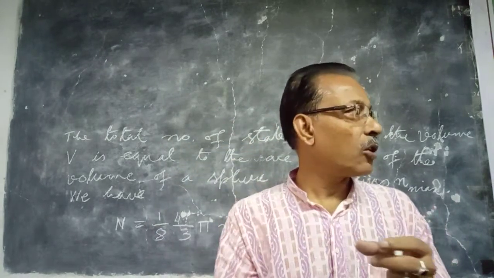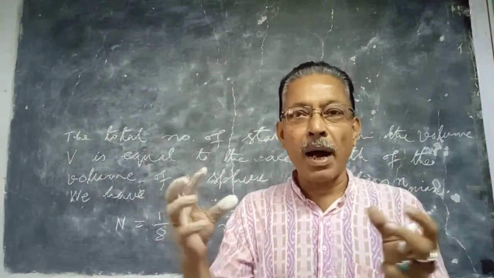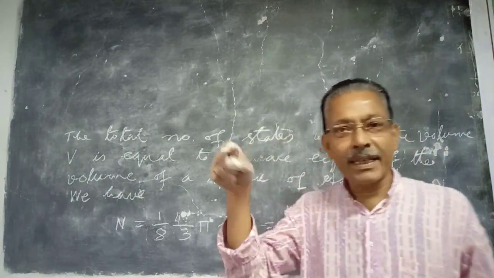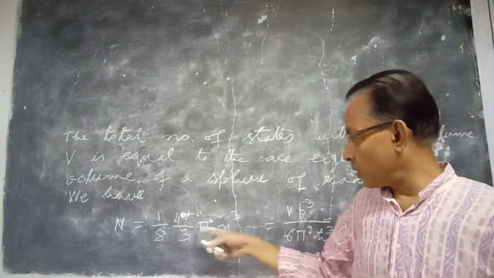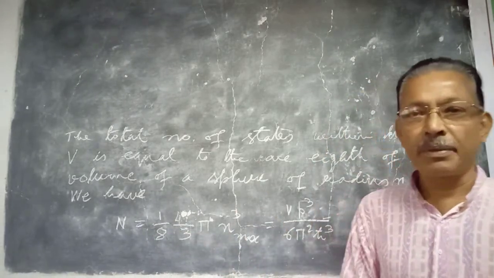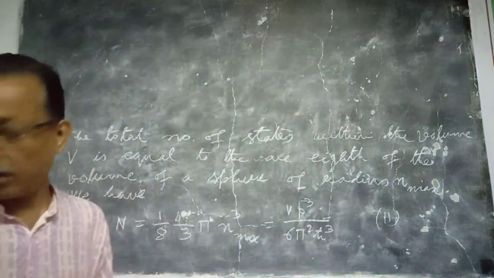In the lower part also you get 4 parts. So in total you get 8 parts, and each part is considered as a cubical box. So it is 1/8 of the volume of the sphere whose radius is n max.